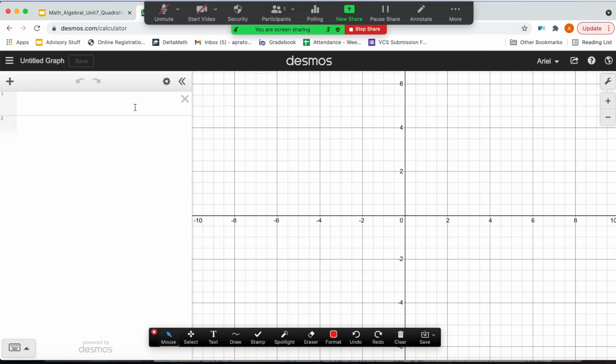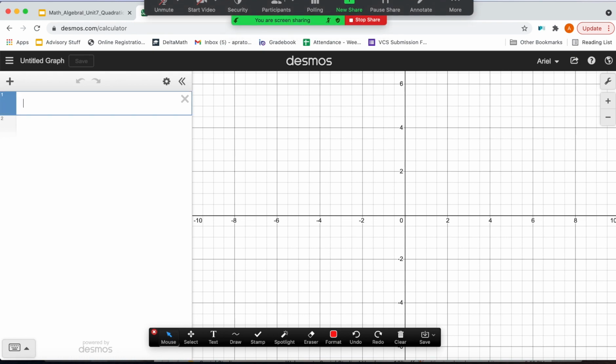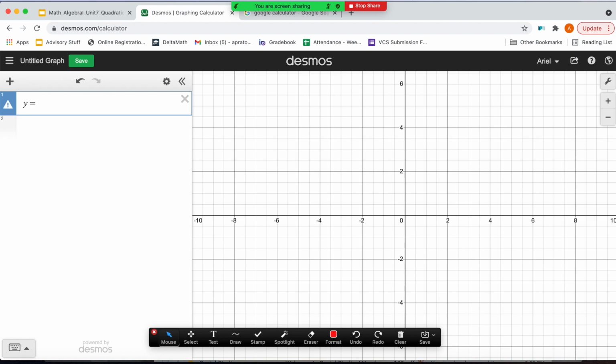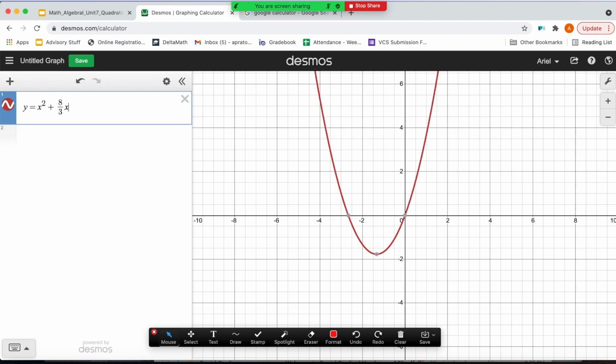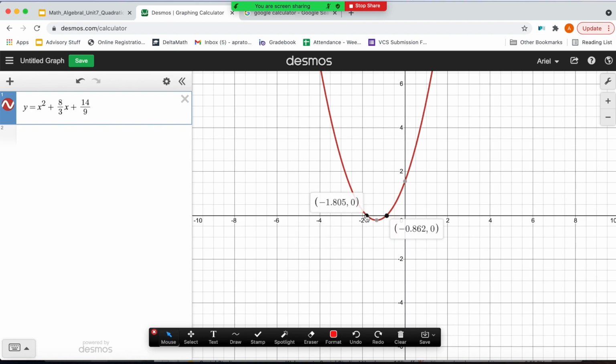And I'm just going to enter the equation from the beginning into the graphing calculator. y equals x squared plus 8/3 x plus 14/9. And then I'm going to click here. And I'm going to click here. And you should notice that these two values are the same as the two values we found when we solved.